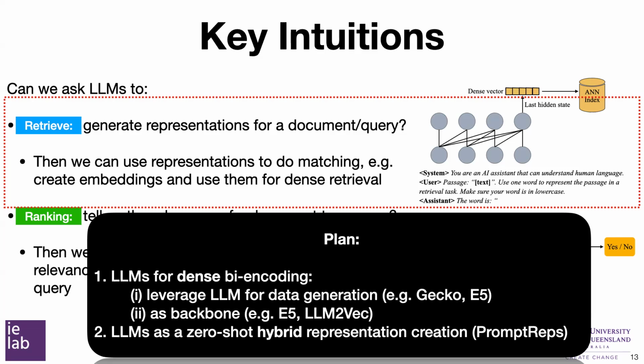So again, connecting to what Suzanne said before around data augmentation, using LLMs for data augmentation. And then I'm going to move into talking about really using these LLMs not just to do data augmentation, but as a backbone to the actual encoding process.